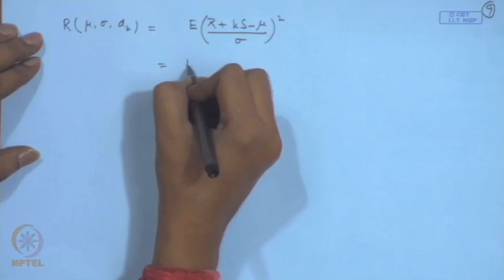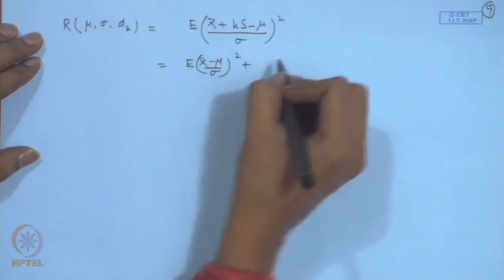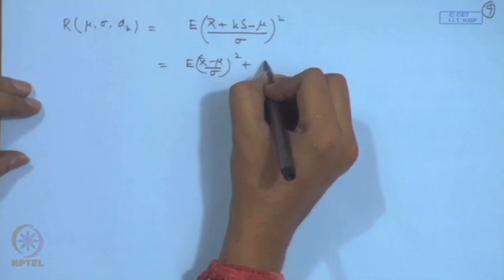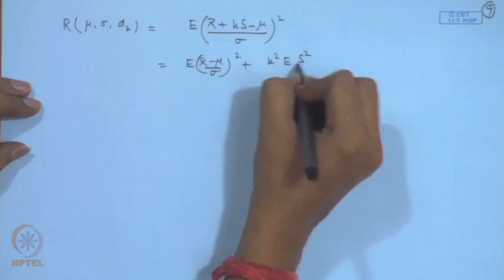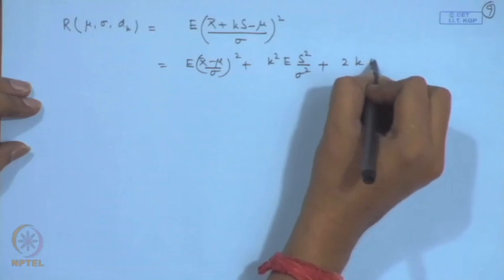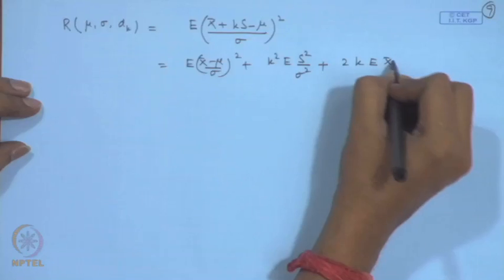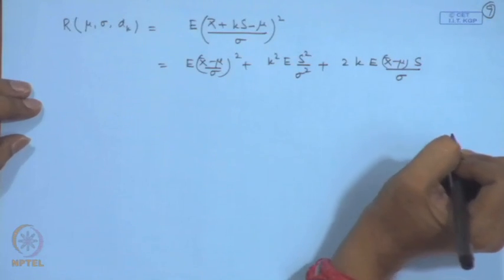That is equal to expectation of x bar minus mu by sigma whole square, plus k square expectation of s square by sigma square, plus twice k expectation of x bar minus mu times s by sigma.